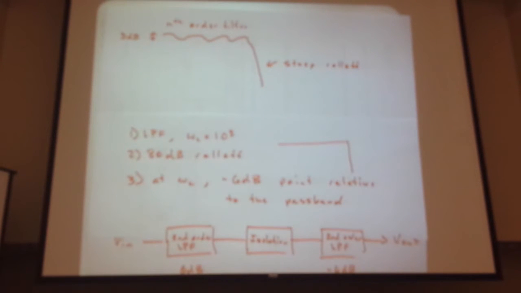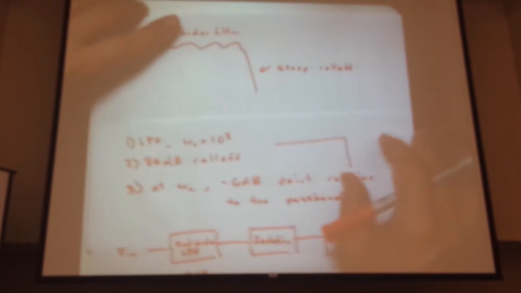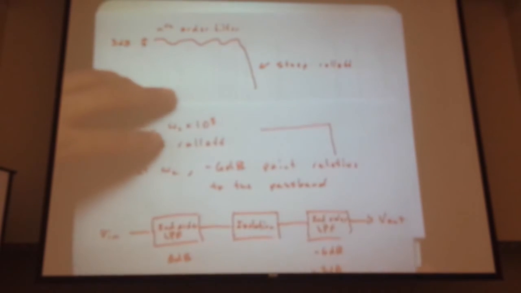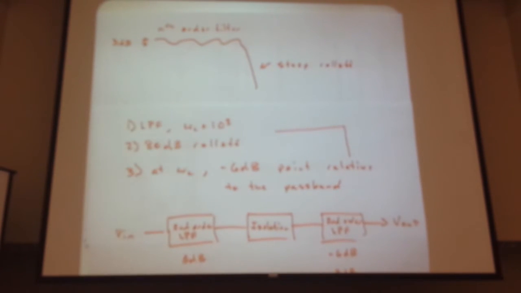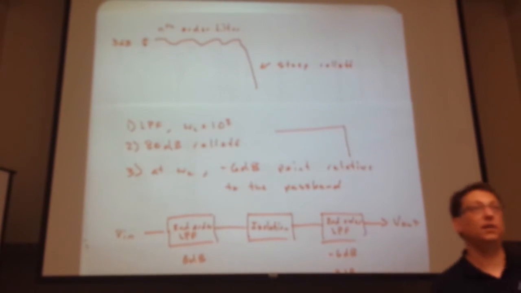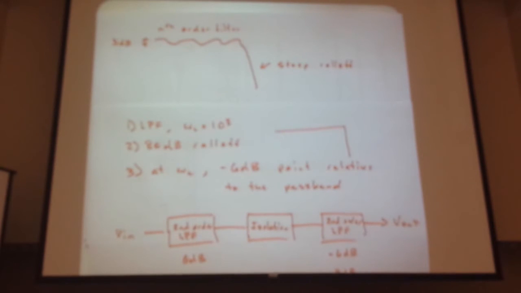And by steep roll-off, I mean maybe 180 dB per decade, which would be a 9th order filter, or 140 dB per decade for a 7th order filter. These are real things. If you go to the Wikipedia page and look up Chebyshev filters or Butterworth filters, it gives you information about the higher order filter designs, and what the poles are relative to the normalized plots. A reasonable thing to check out.